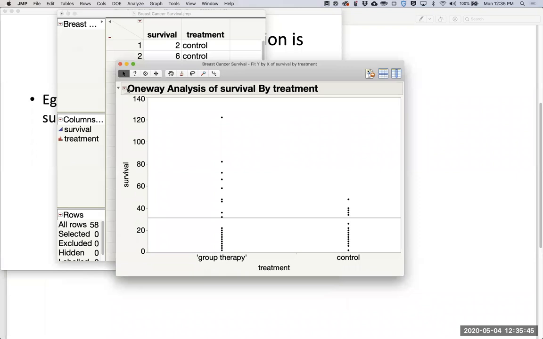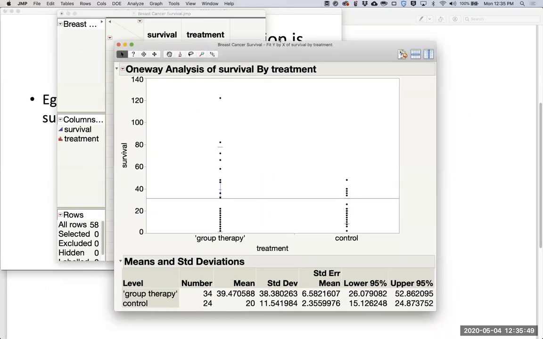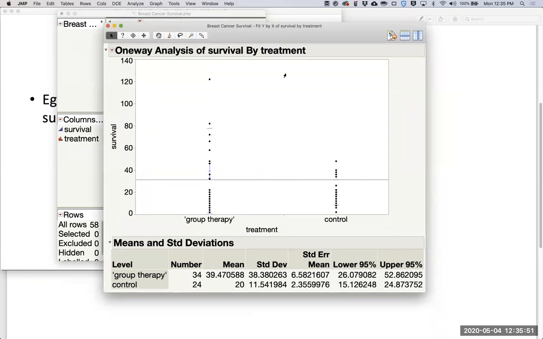If I were to turn on the means and standard deviations, you've got all the good information that would allow you to calculate a test statistic T: literally the sample size for the group therapy group, the average and the standard deviation, or better yet, the standard error. Similarly, for the control group, the sample size, mean, and standard deviation or standard error would be nice.